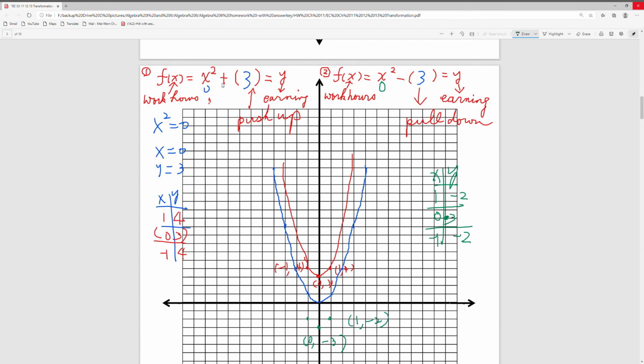You have a similar graph, just pushed down 3 steps.